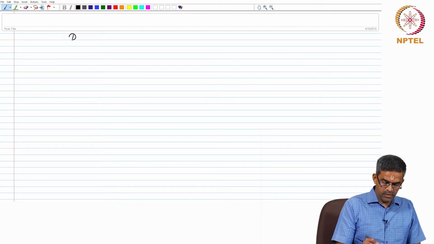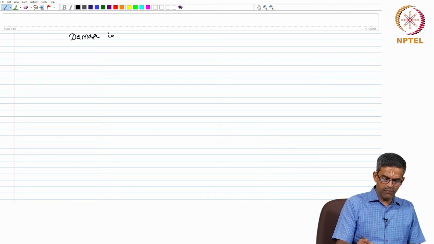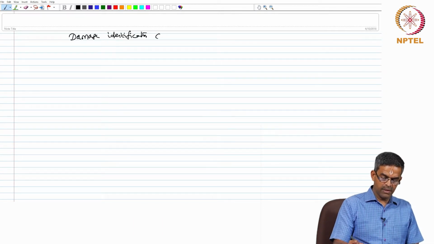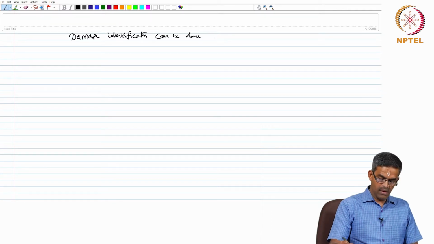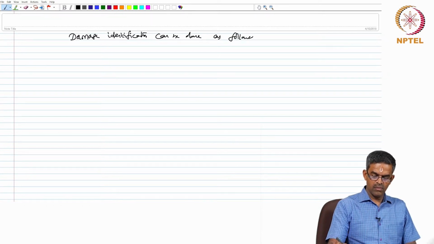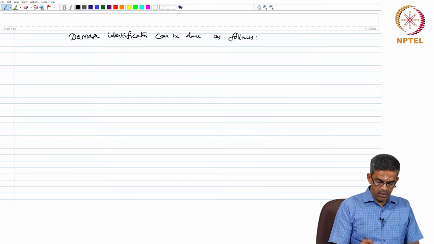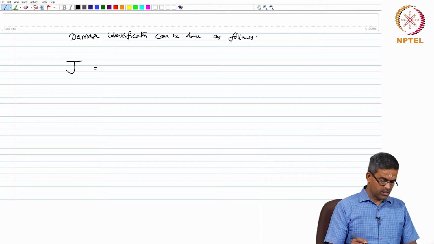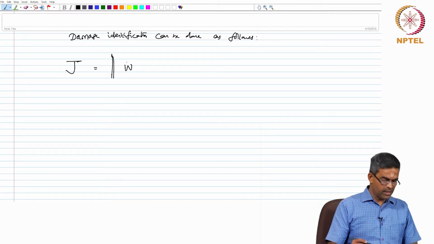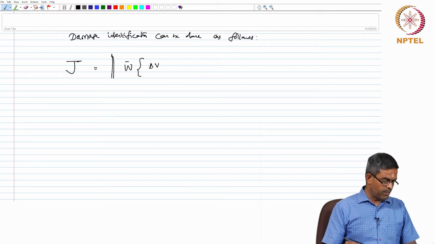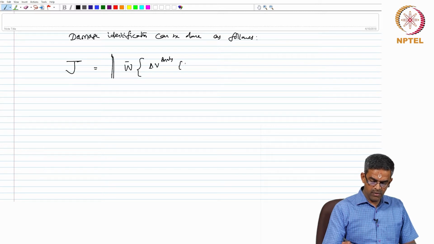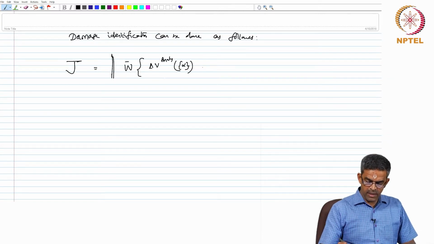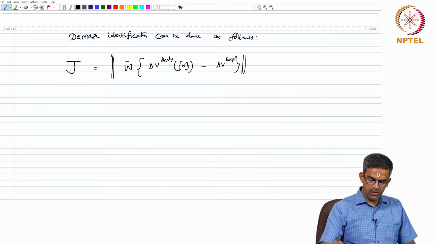Therefore, damage identification can be done as follows. J will be equal to some function which will be the weighted value of the change in modal parameter from the analysis, that of alpha, minus the change in modal parameter from the experiments, and squared.